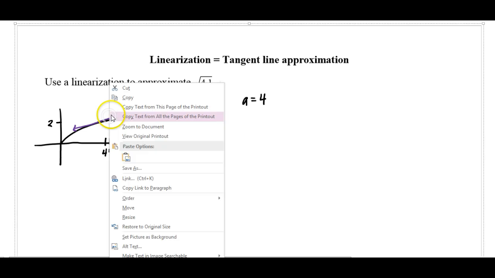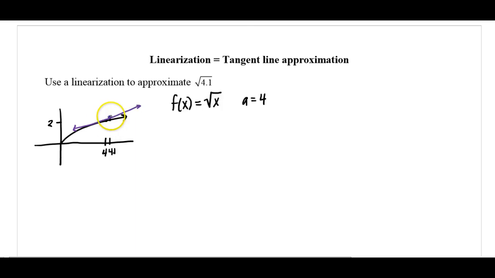So I'll be able to find the point right here on this purple line. And that's pretty close. That purple dot is really close to that black dot right there. So of course we're only looking for an approximation, and that's a pretty good approximation. So that means we're in search of an equation for the purple line, which is a tangent line. And again, we're going to call that a linearization as well.